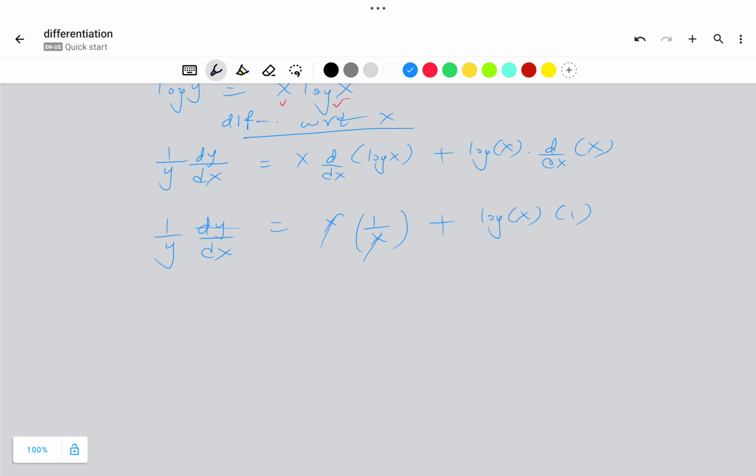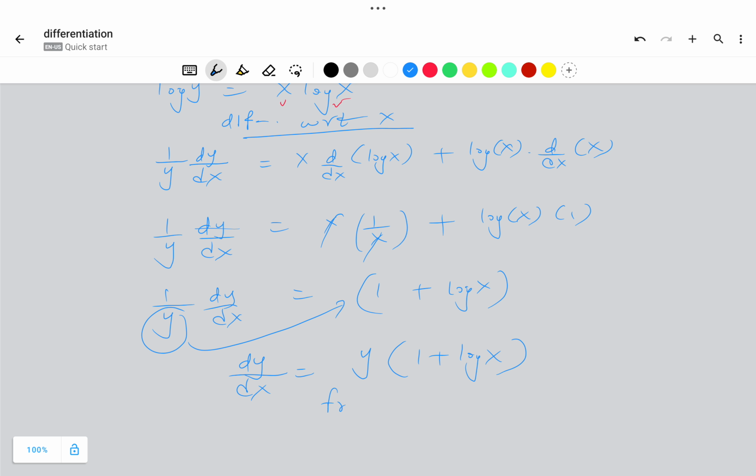So this will be cancelled out. Here it would be left 1 plus log of x. And here we were having this original y dy by dx, so this y we will be shifting here. So dy by dx is equal to y into 1 plus log of x.